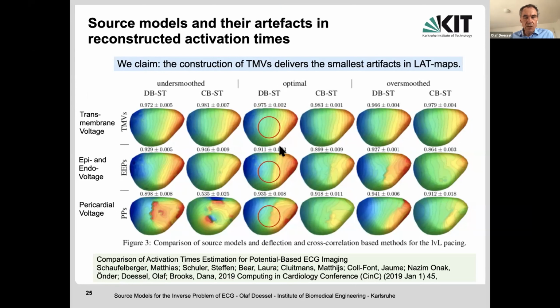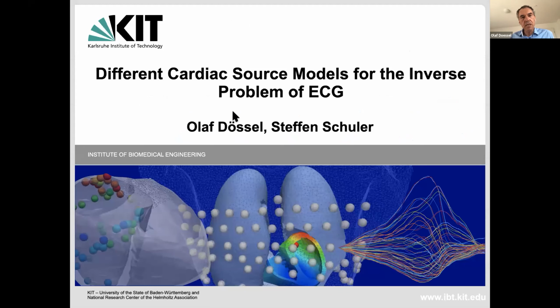Many of these produce artifacts in the LAT map, the local activation time map, and they have been reported by Duchateau also in real cases. So they are really a problem, and we think that transmembrane voltages are not so prone to this problem. And this is then Steffen's lecture.